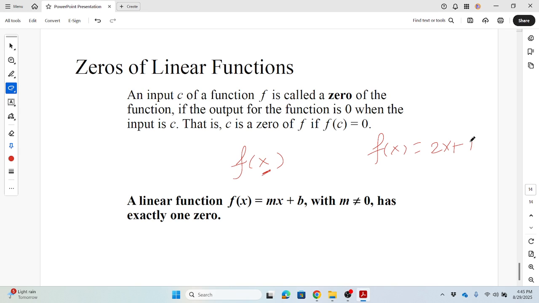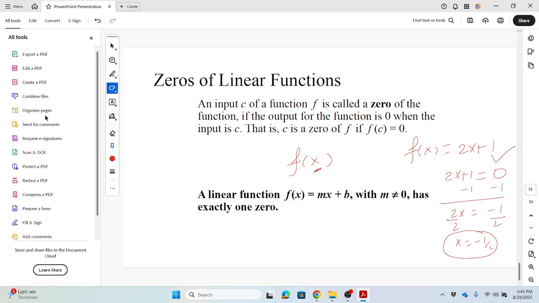That can be found by making this function zero and solving for x. So if I subtract 1 from both sides, I get 2x equals -1, and if I divide both sides by 2, I get x equals -1/2. So x equals -1/2 makes this function zero. That's why it's called the zero of this function.